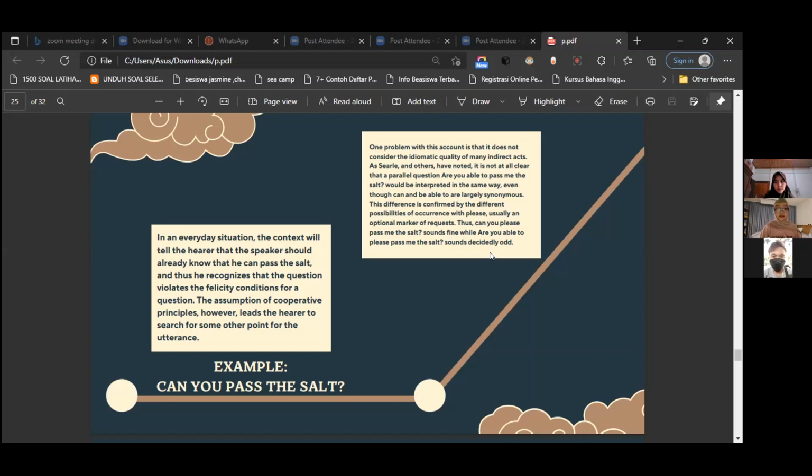The postulates reduce the amount of inference involved in tracing the indirect act. And the relevant postulate for our presenting example is in the slide above. Okay, next slide, please.